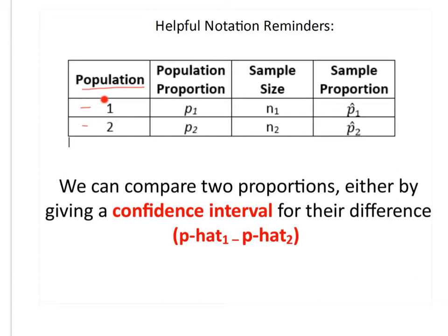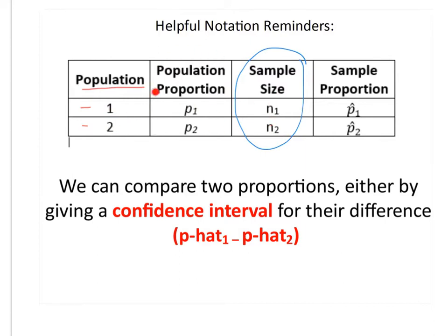So population 1 has proportion P1, population 2 has the proportion P2. Well, from these different populations, I'm going to take different samples. So my two sample sizes are going to be N1 and N2, going with their respective population.